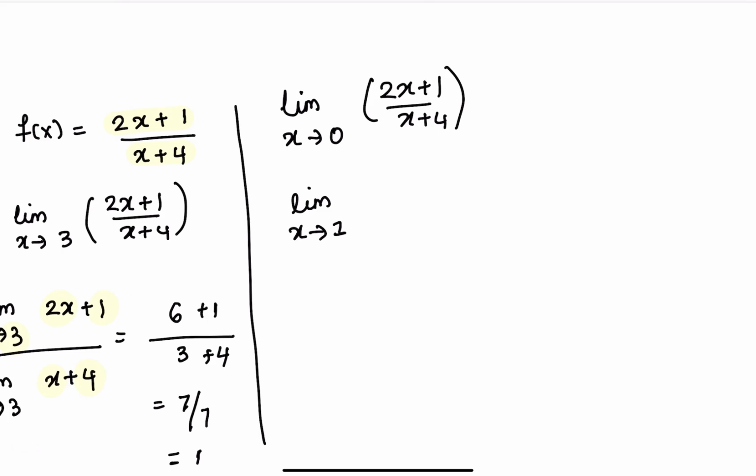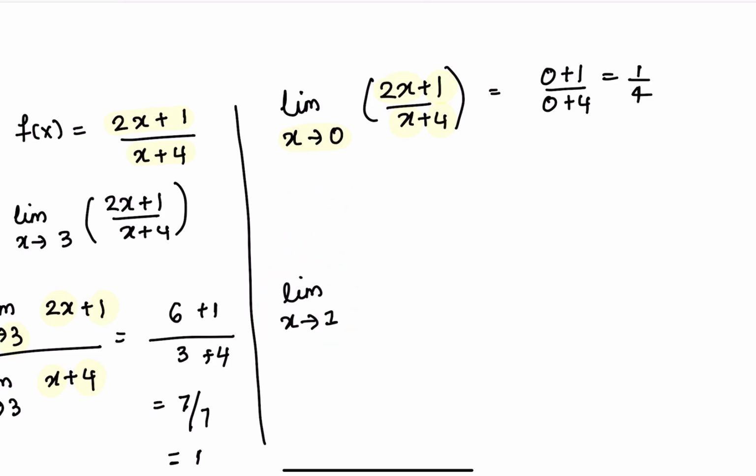The limit of a constant is a constant. As x approaches 0, x is 0, and 2x is also 0. So here I can simply put 0 plus 1 over 0 plus 4, which is 1 over 4.